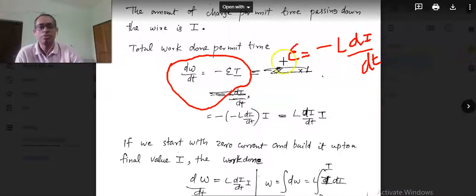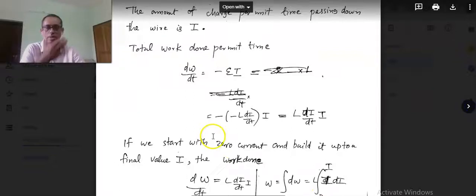The EMF induced due to self-induction is minus L di by dt, where L is the self-inductance. So that will be equal to minus of minus L di by dt times I, that is equal to L di by dt I.